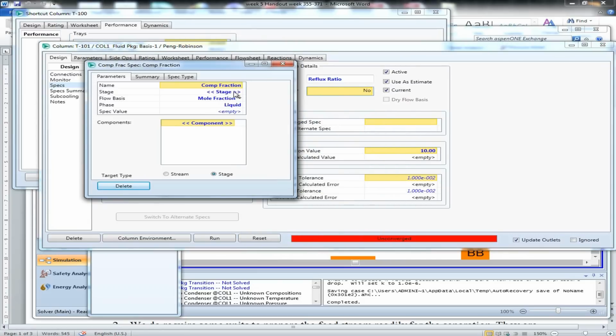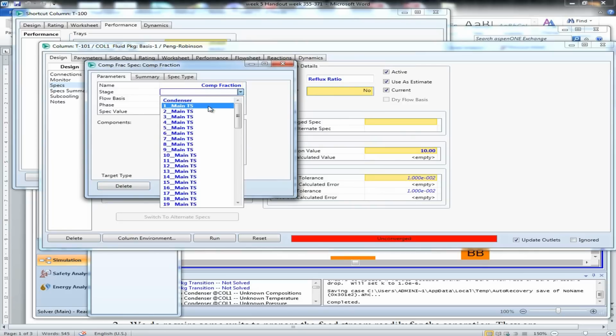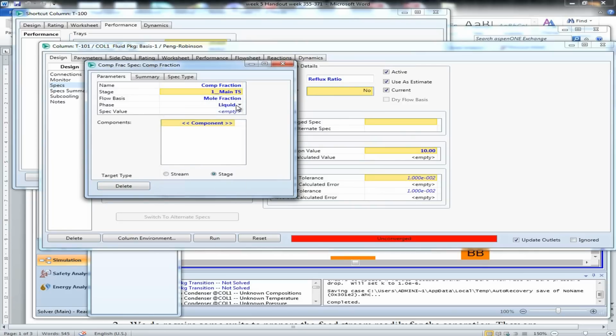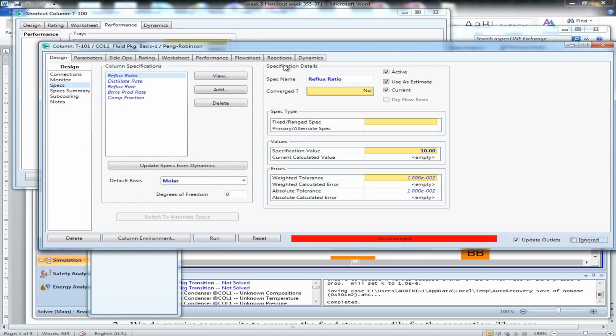Okay. And stage number 1 with the mole fraction of 2-methylpentane. We want it to be 0.975. Okay.